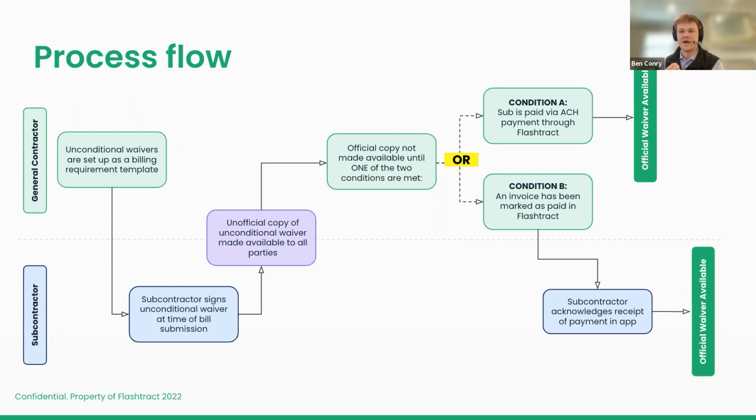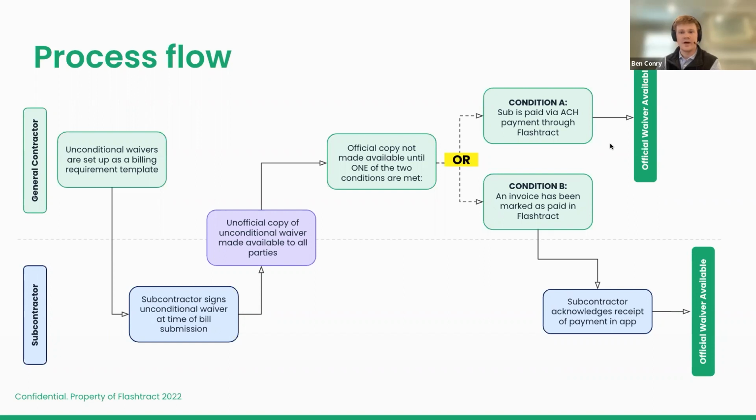When we receive that response from your subcontractor's bank, we're going to make that unofficial unconditional waiver now become an official unconditional waiver. We will release the official unconditional waiver from our vault, so all parties will have access. Benefit of this process, there's no more waiting on your subcontractor to do anything to get access to an unconditional waiver. If you pay them through Flashtract, you are guaranteed to get an unconditional waiver as soon as those funds clear.